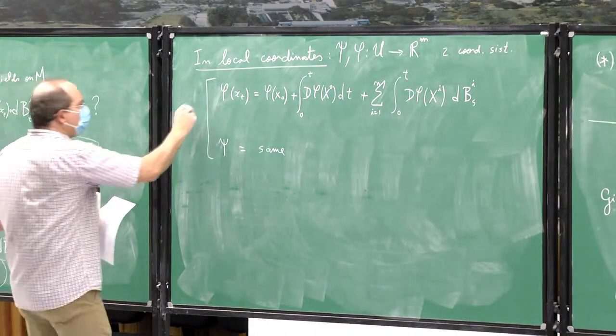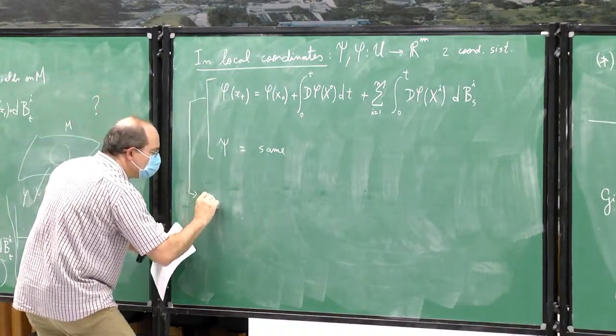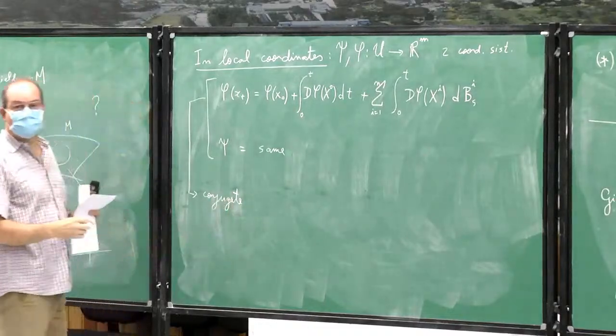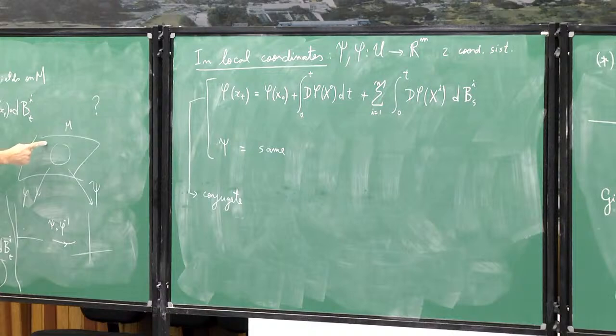And both are conjugate, in the sense that a solution in M can be obtained by taking the inverse image of this diffeomorphism, either from here or from there. But are they different? If I take the solution here or if I take the solution there, are they different on M? No, of course not. They are all the same. That's what I claim here.